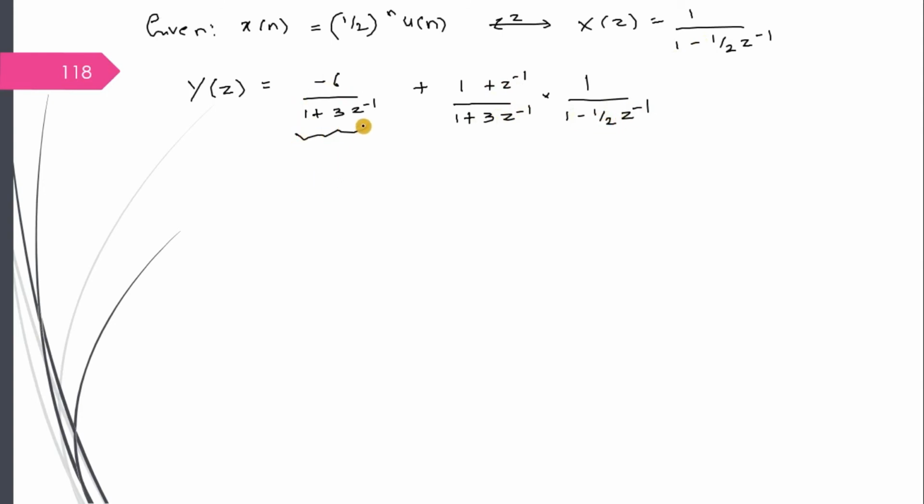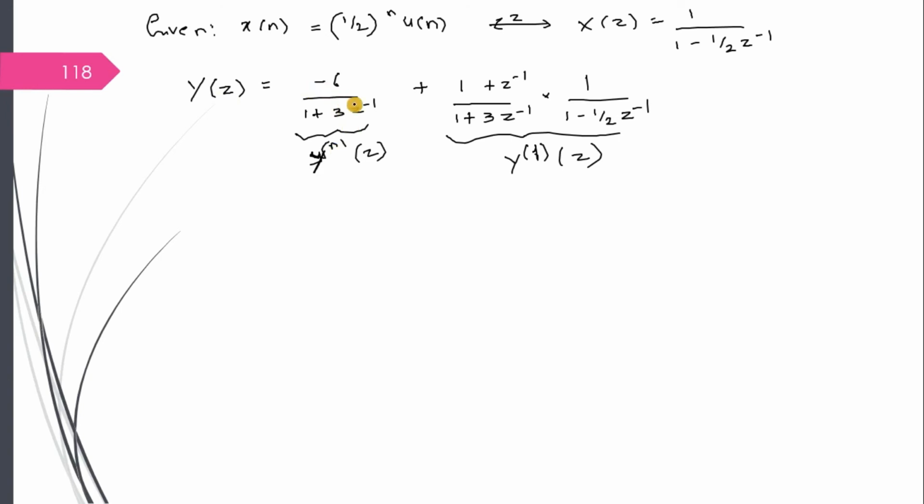I call this capital Y n of z, and I call this capital Y f of z. So I try to solve it separately. This is straightforward, there is not much difficulty in solving it.